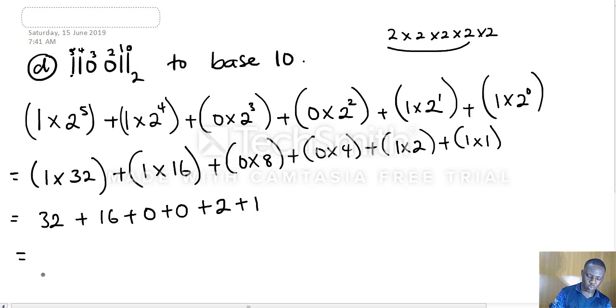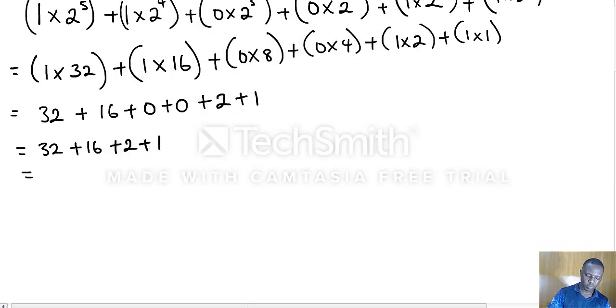So this is equal to 32 plus 16 plus 2 plus 1. 32 plus 16 is 48. 48 plus 2 is 50, and 50 plus 1 is 51 base 10.